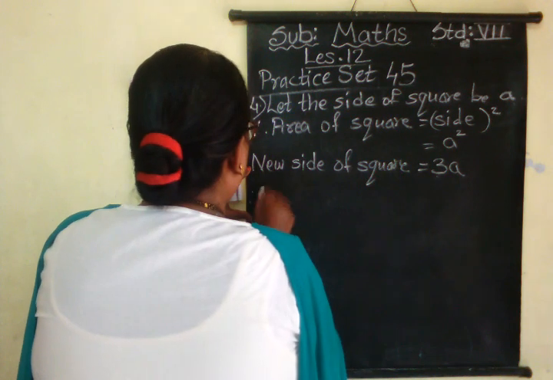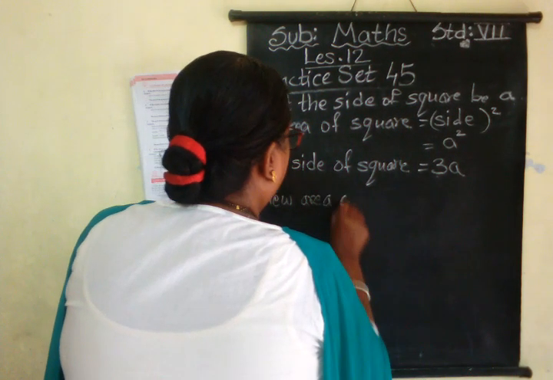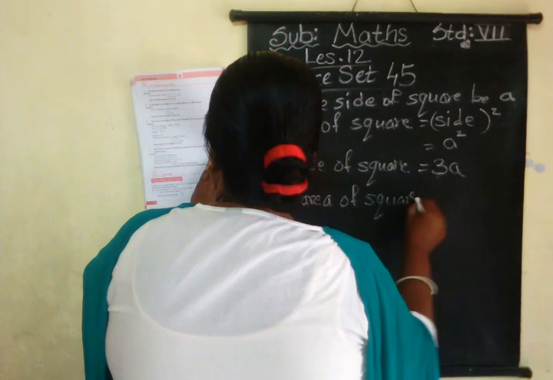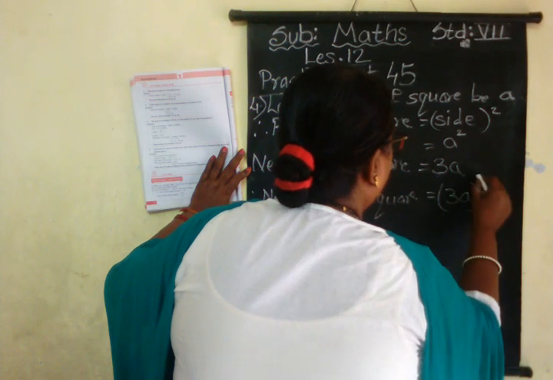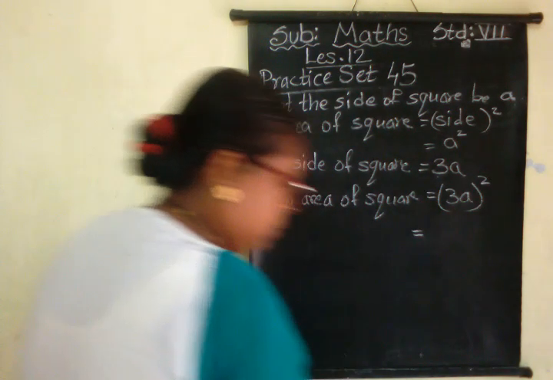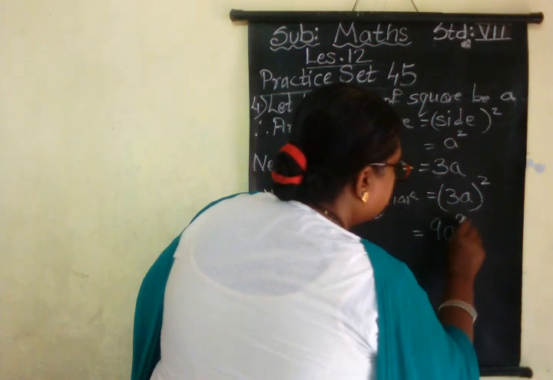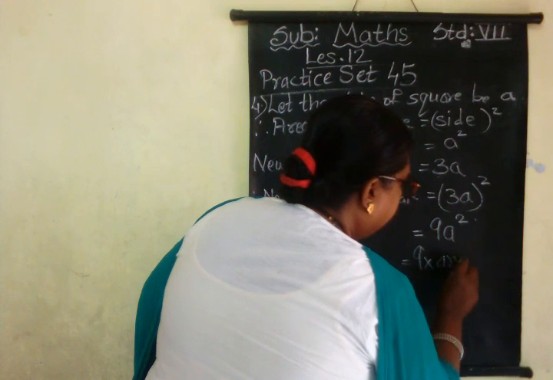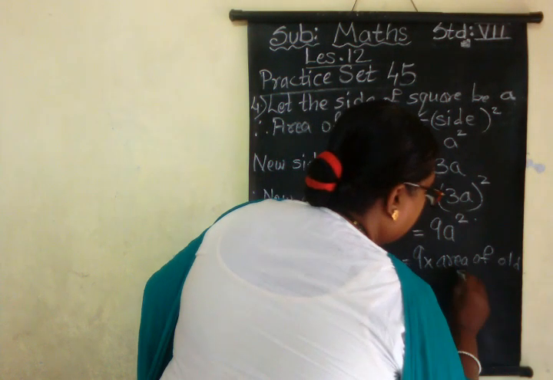Therefore, new area of square is equal to 3A the whole square, which gives you 9A square, which equals 9 multiplied by area of old square.